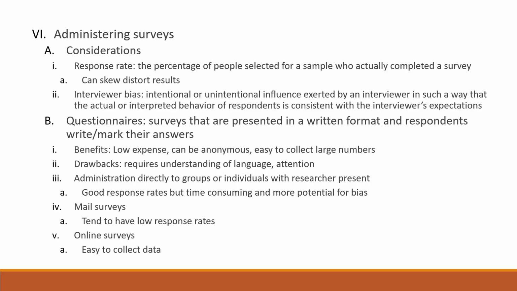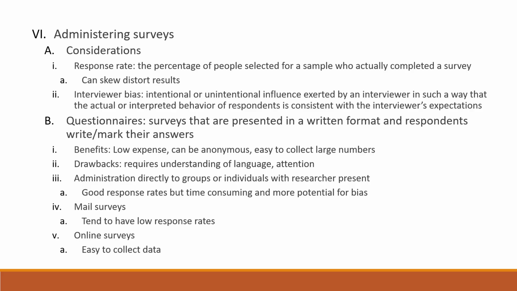If participants fill these out in person, one-on-one, or as a group on physical paper, there are better response rates and participants can ask questions, but these are very time-consuming for the researcher, and you risk bias such as social desirability. Mail surveys are less time-consuming, but they have lower response rates.